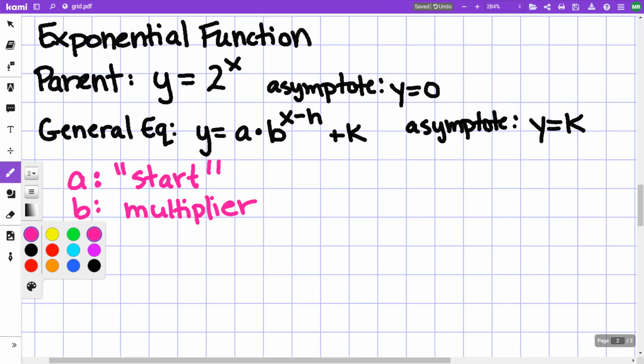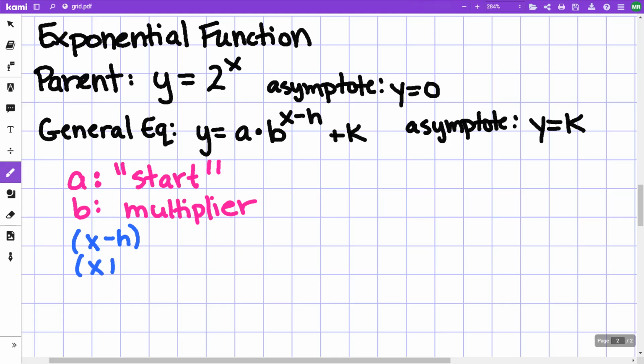Now, when I'm talking about that x minus h, or that x plus h part of this, just like a parabola, this is going to move right or move left.